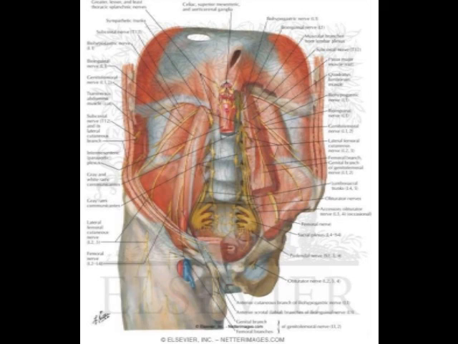The genital femoral nerve has an arrow pointing to the one long nerve there, which is actually on top of the psoas muscle, and it goes down, and then you can see it branches off into two separate branches. One of those is the genital branch, and one of those is the femoral branch. The genital branch goes to the genitals. The femoral branch goes to your femur or your thigh area.